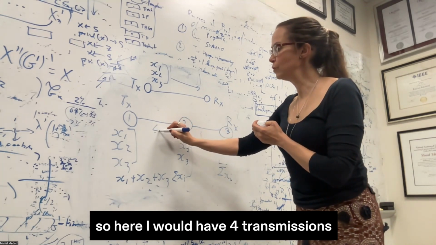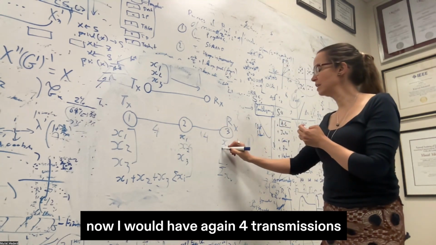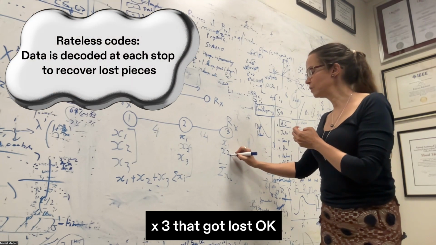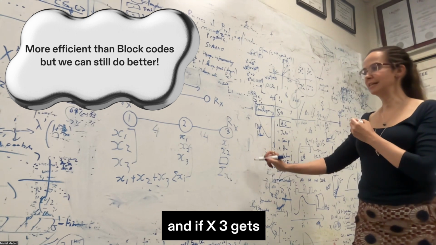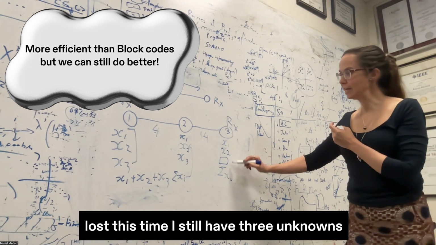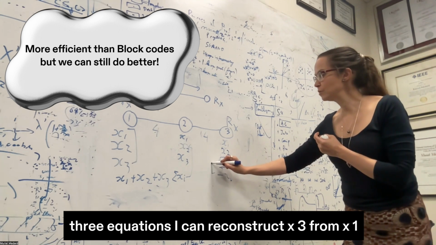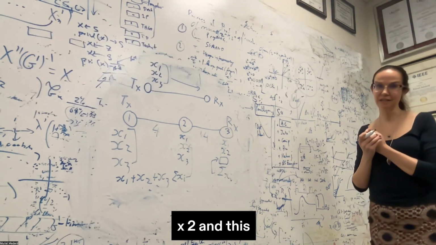So here I would have 4 transmissions, and again 4 transmissions. If you recall, it was x3 that got lost, and if x3 gets lost this time, I still have 3 unknowns, 3 equations. I can reconstruct x3 from x1, x2, and the sum.